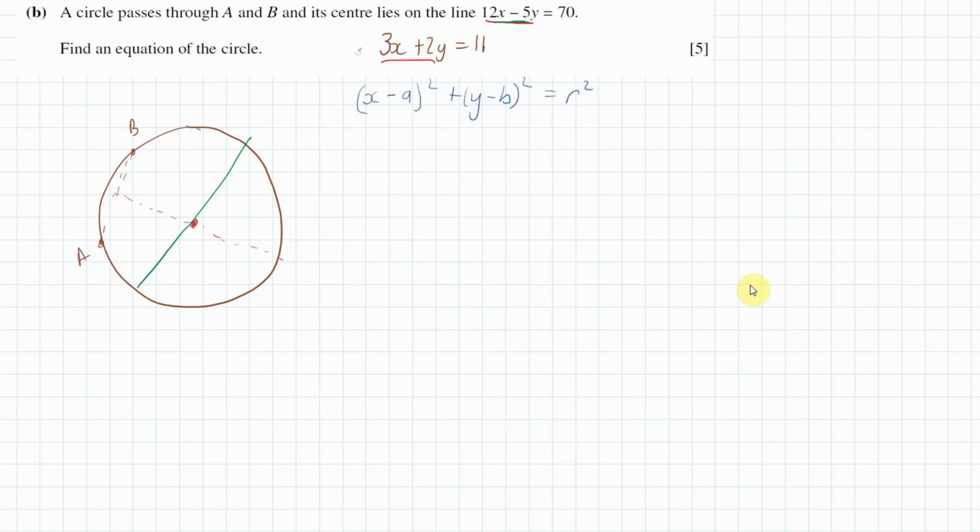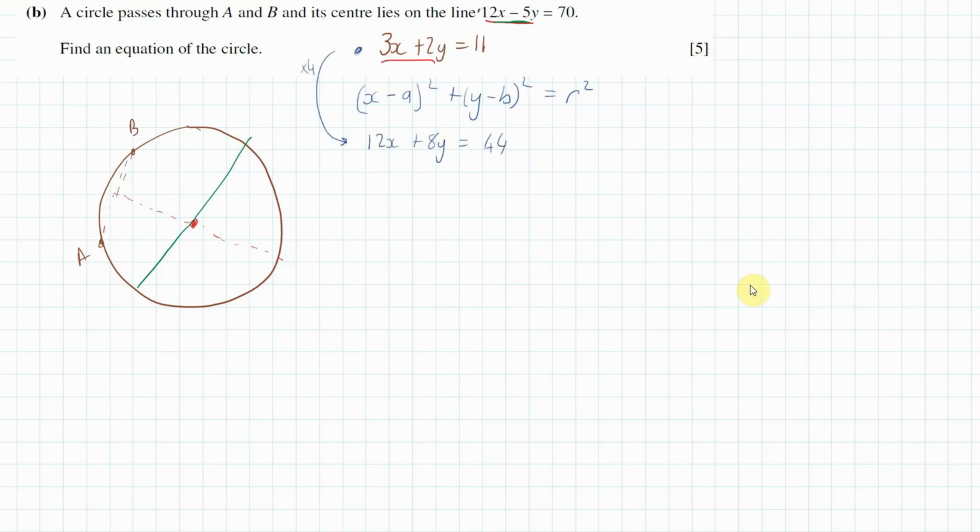Okay, I've got 2 equations, this one and this one. First of all, I am going to multiply this equation by 4. So I will have 12x plus 8y equals 44.